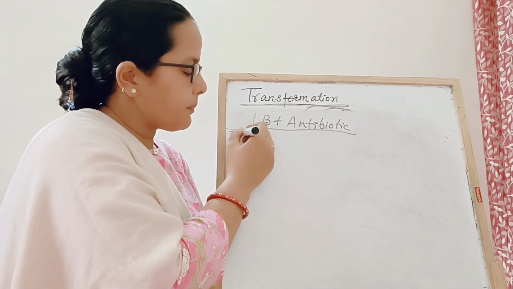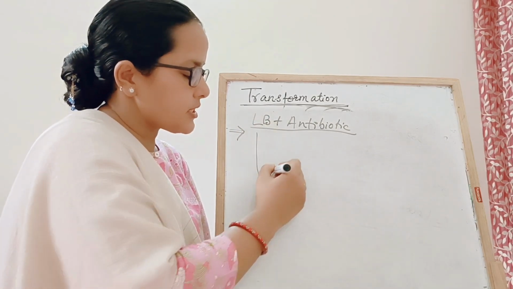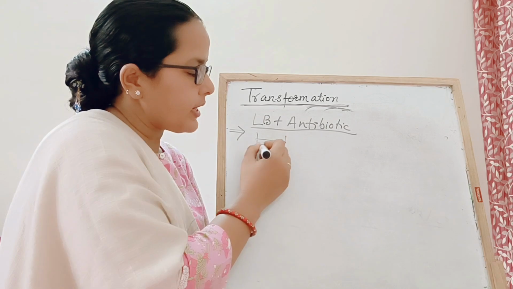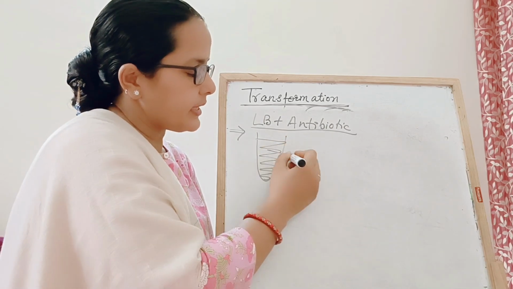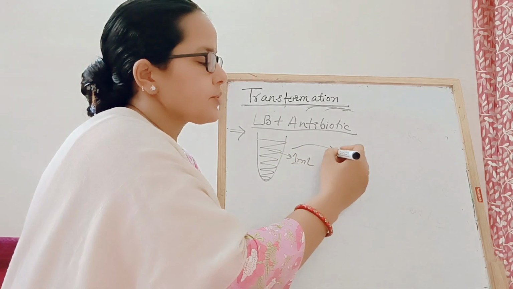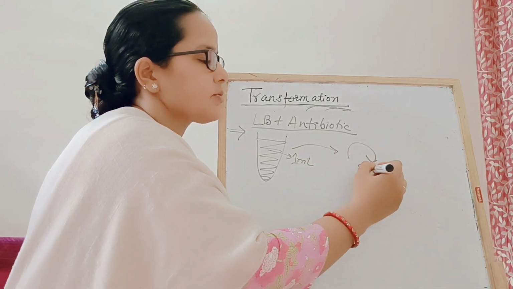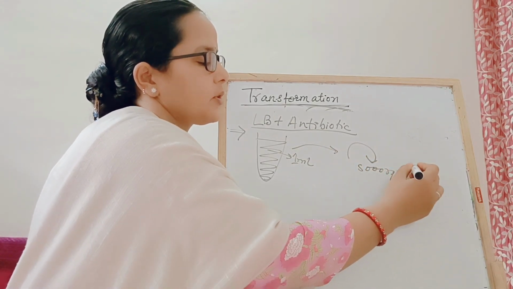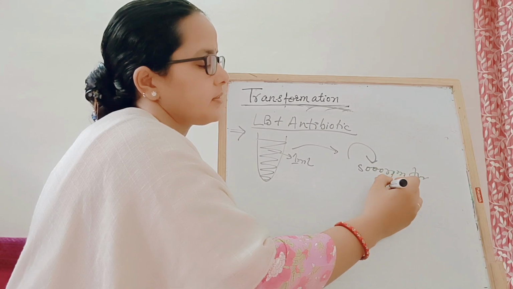So while you are plating, suppose this is your 1 ml containing cell suspension after recovery. You have to spin down at 5000 rpm for 5 minutes.